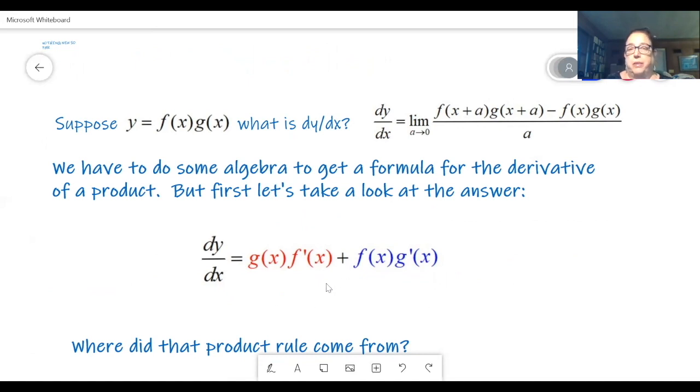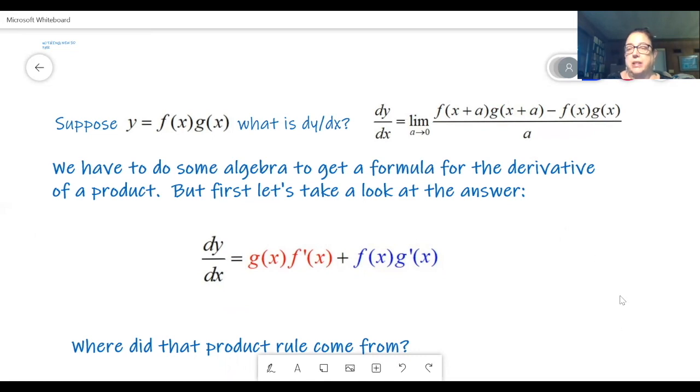G of x times the derivative of f plus f of x times the derivative of g. Notice each term has one of the functions plain the way it sits without taking the derivative, times the derivative of the other. G times the derivative of f plus f times the derivative of g.